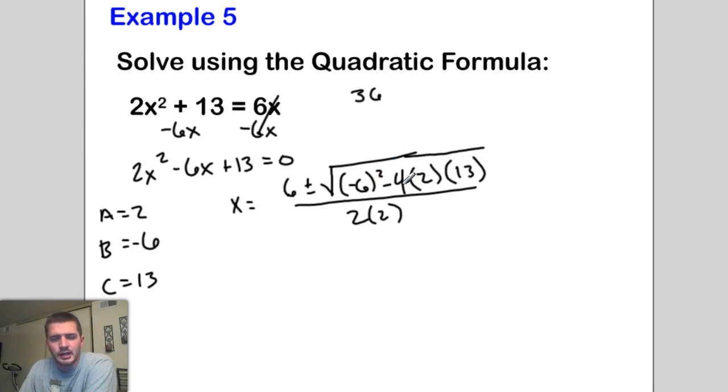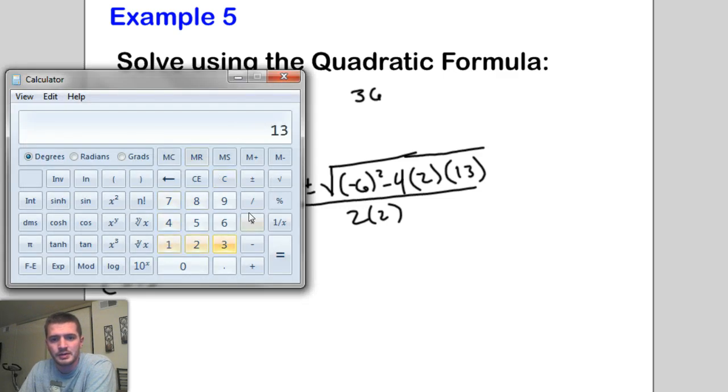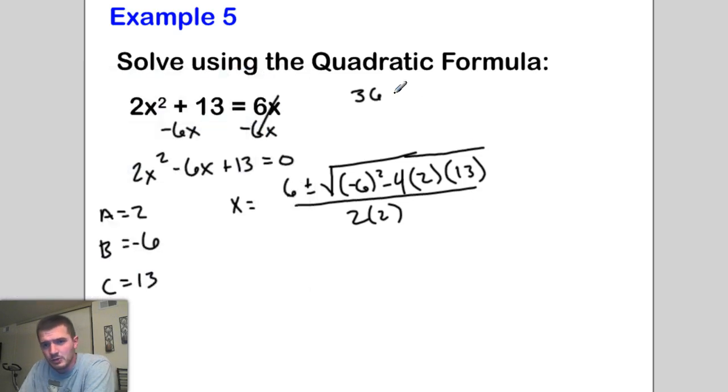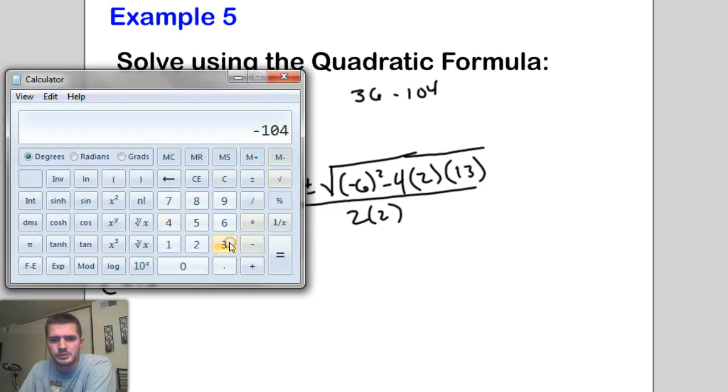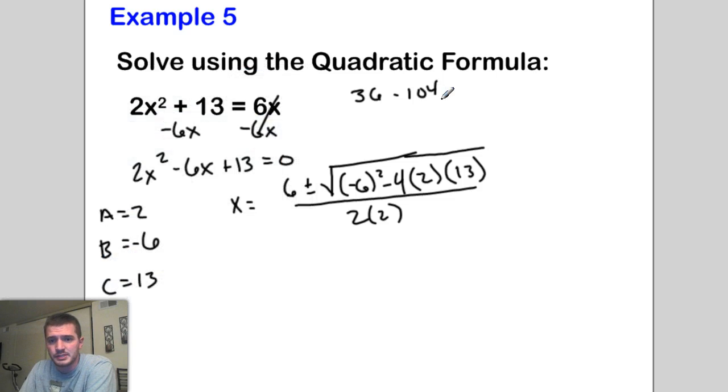It really doesn't matter what order we do this in, so it would be -4 times 2 is -8, and then 13 times -8 will be -104. So minus 104. All right, and I'm using my calculator just to make sure. I don't want to throw you guys off here. So 36 minus 104 is going to equal -68.